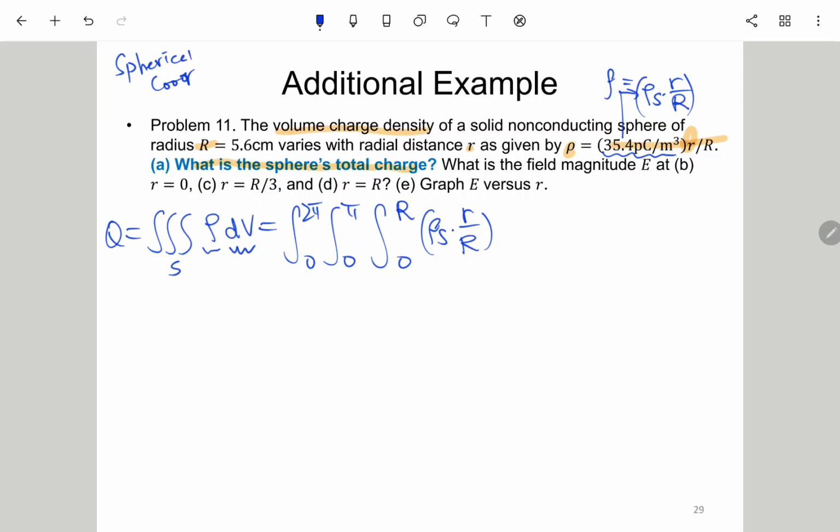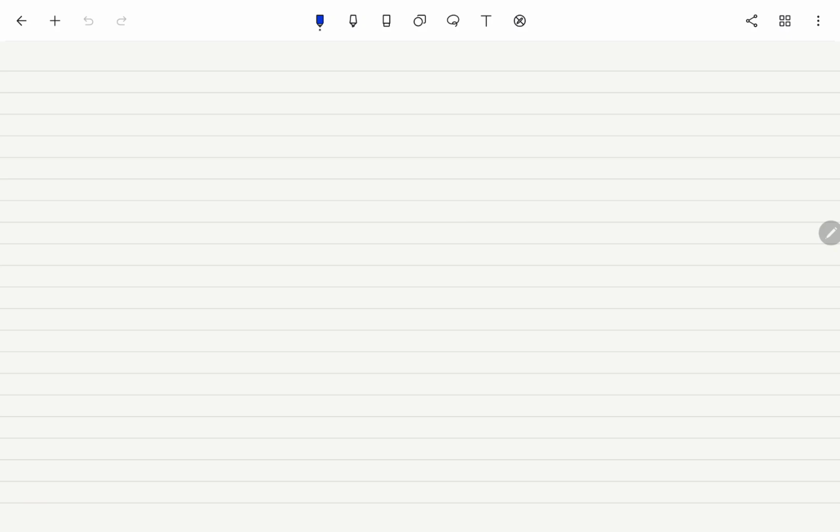So what is dV in spherical coordinates? dV in spherical coordinates is r squared sine theta dr d theta d phi. You may ask what this is, so let me simply tell you.